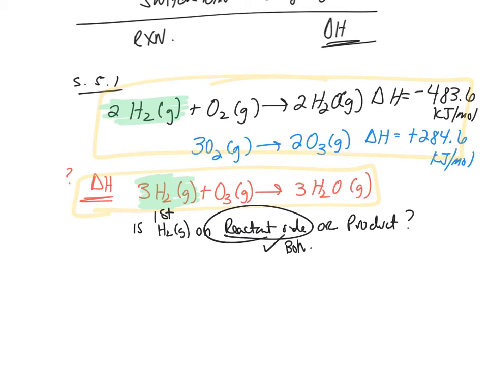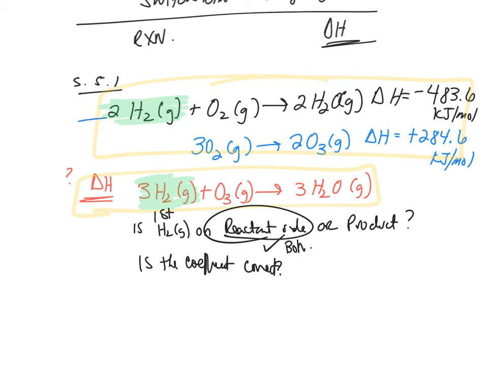But then I also recognize, is the coefficient correct? Well, this is a 3 and that's a 2. So that is a problem. So how do I get the 2 to look like a 3? So I have to divide by 2 and multiply by 3.